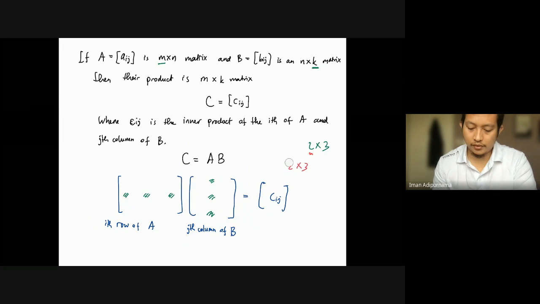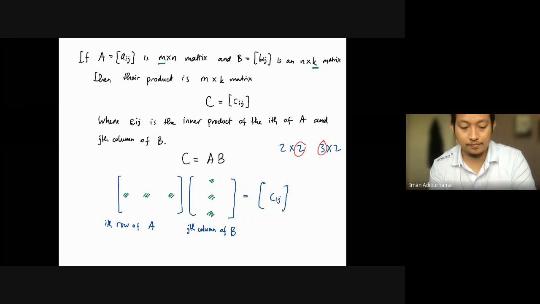And if we have 4 by 3 and 3 by 2, we will have 4 by 2 when we multiply. But if we have a different case, like 3 by 2 and 2 by 3 mismatched, this is not the same, so we cannot multiply this.